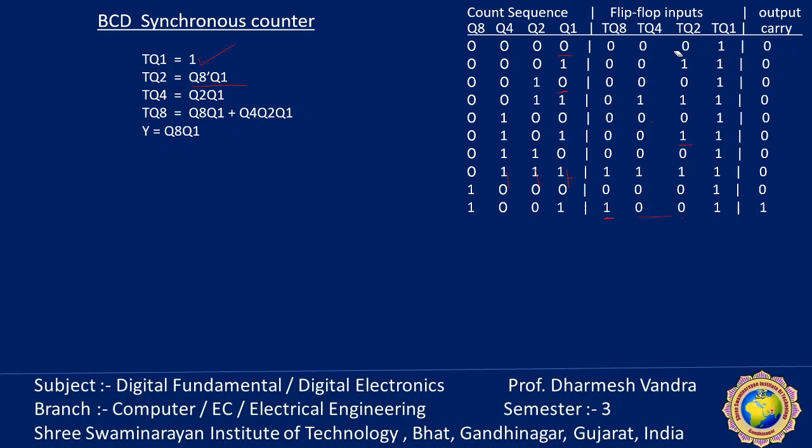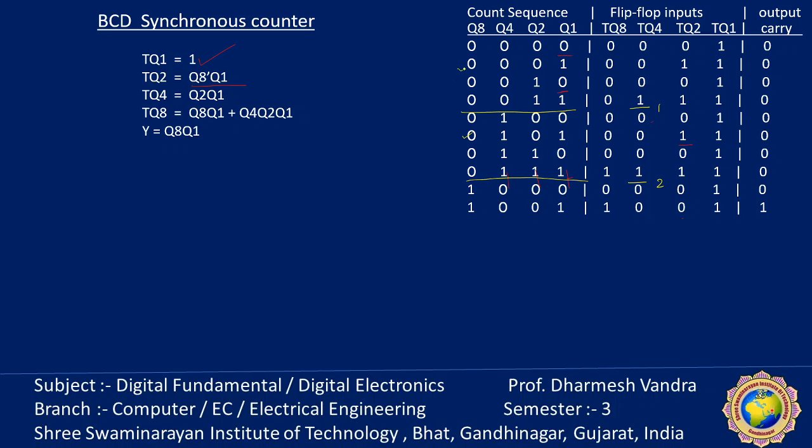Now about TQ4. Here we found that it complements only two times, when the first case is here and the second case is here. See the sequence in both cases. First Q8 is 0 and 1, here also 0 and 1, and this is also 0 and 1 here.